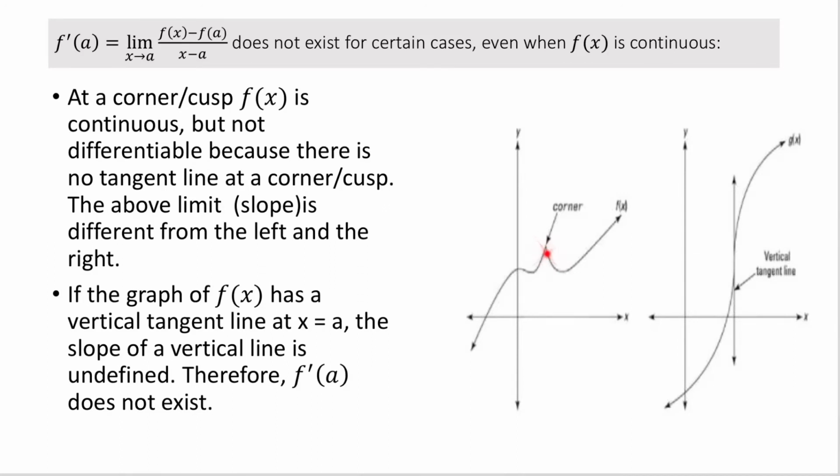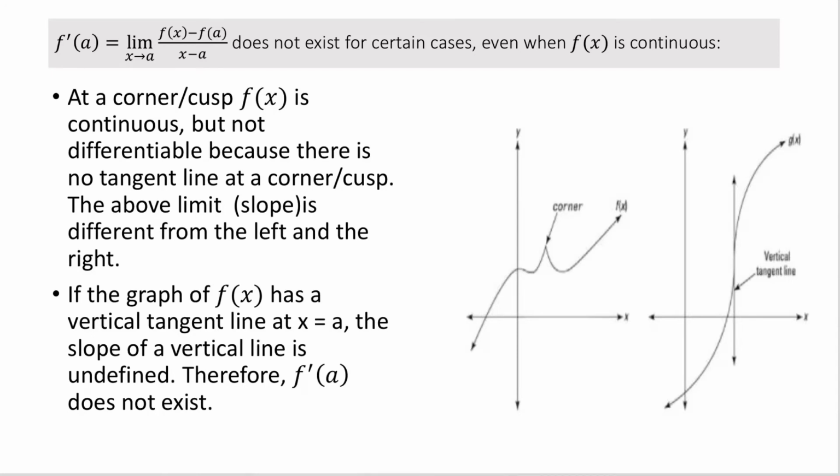All right, if you have a corner, the slope coming into it this way from the left is different than the slope coming into it this way. So that means that the left-hand limit and the right-hand limit do not equal one another. So therefore, this function, the limit does not exist when you have a peak. And that's because you're coming in at two different slopes from the left and the right.